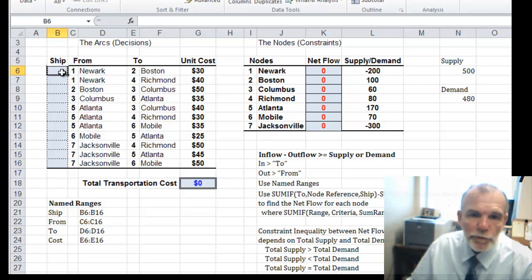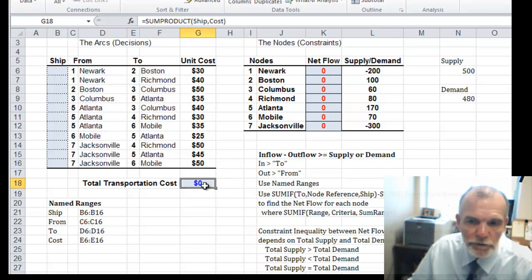Now this cell would represent the amount, that decision of how much to ship along that arc. What we want to do as an objective is to determine how much to ship that minimizes the total transportation cost. Now I'm going to click on this cell. This is our objective function cell.